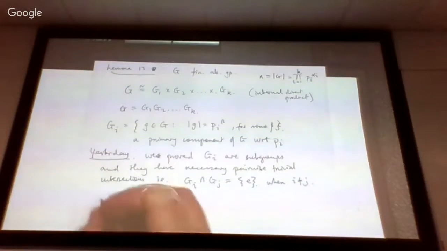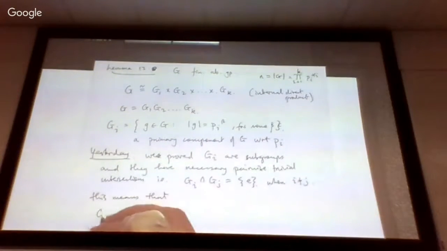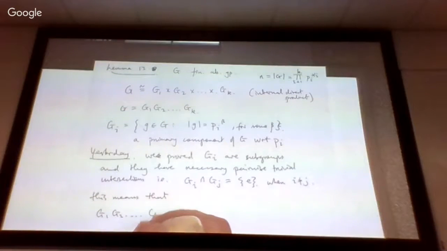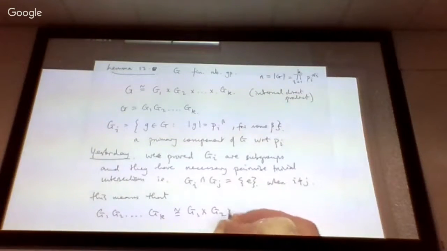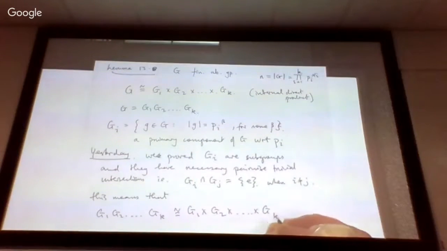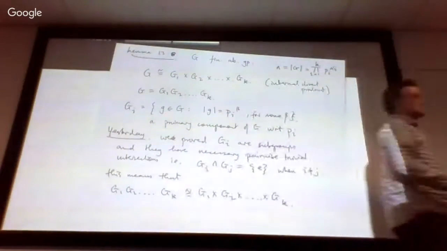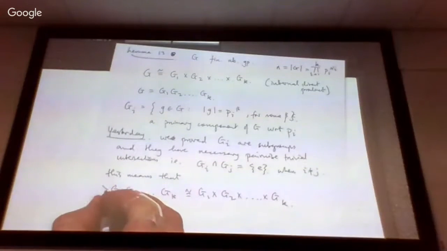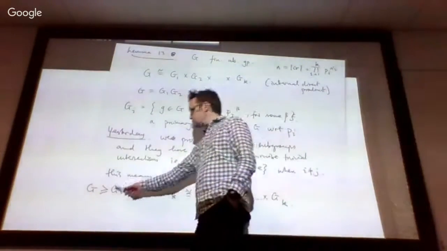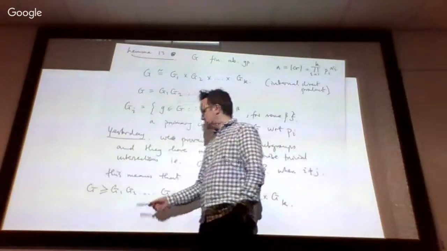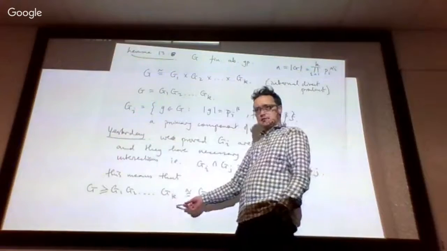This means that their set-wise product, G1 times G2 up to GK, is an internal direct product, so it is isomorphic to the direct product of them. Okay, they're formally different things. This thing here is just a subgroup of G, the set of all elements in G that can be formed as a product of one element from G1 times one element from G2 up to one element from GK.